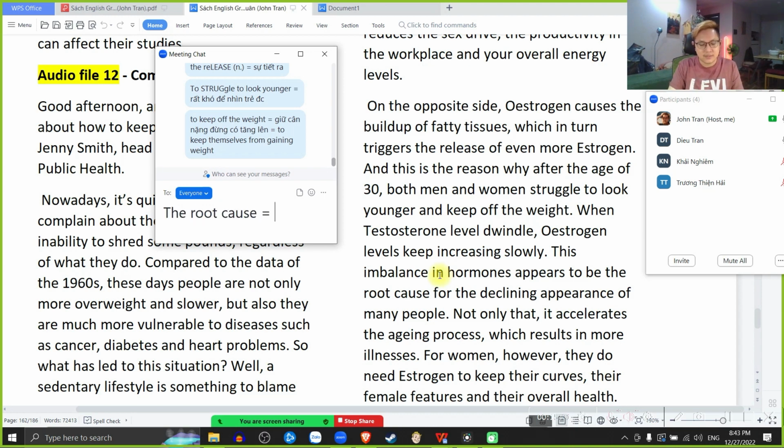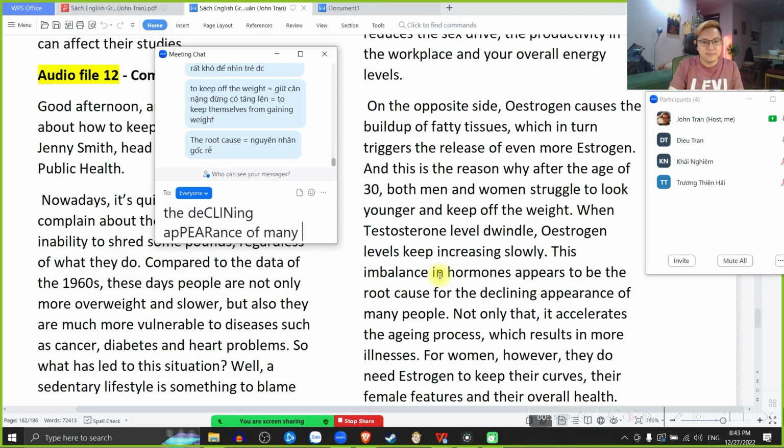Root is the root of a plant, so root cause means the fundamental cause for the declining appearance of many people.